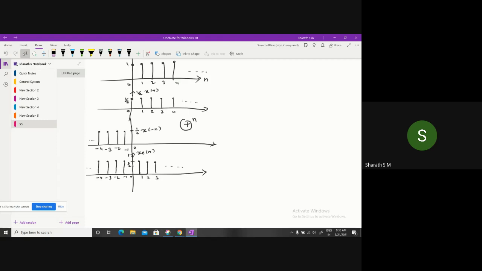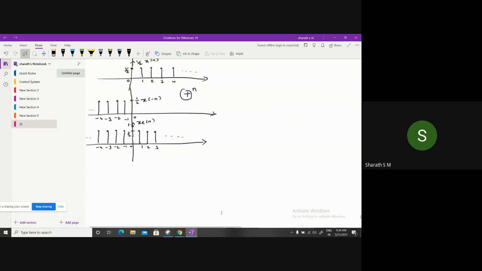The same way, if you want to perform the subtraction operation to get the odd signal, here we have 0, here we have 1/2. 0 minus 1/2. What is 0 minus 1/2? -1/2.